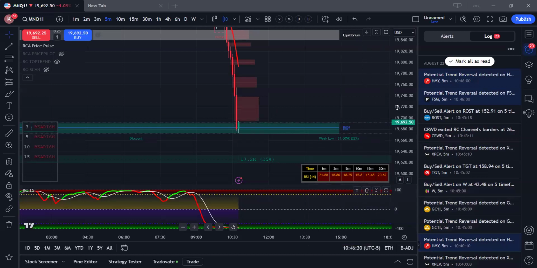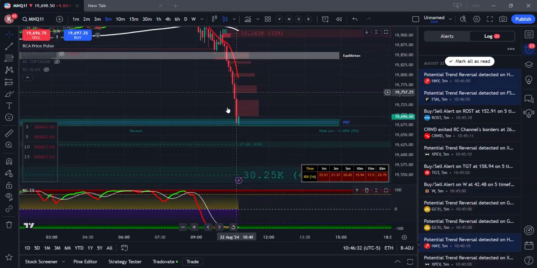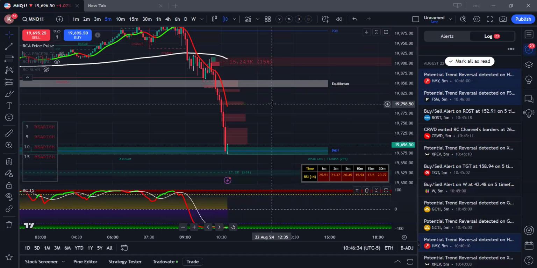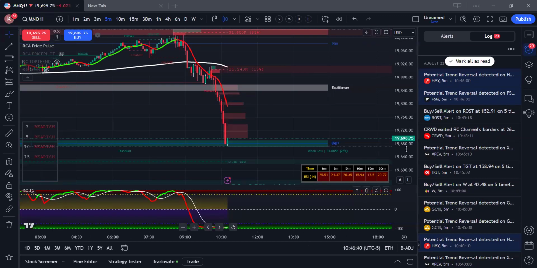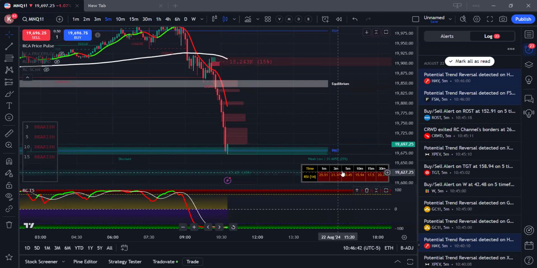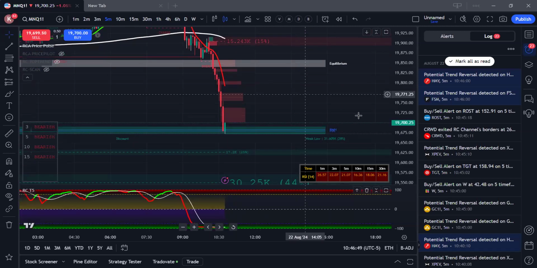If we get a buy signal, that will be a good opportunity to go long on QQQ or MNQ. But we are waiting for some confirmation. We want to make sure sellers will not push it down again.